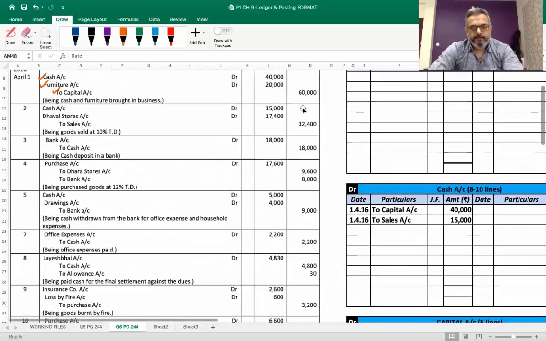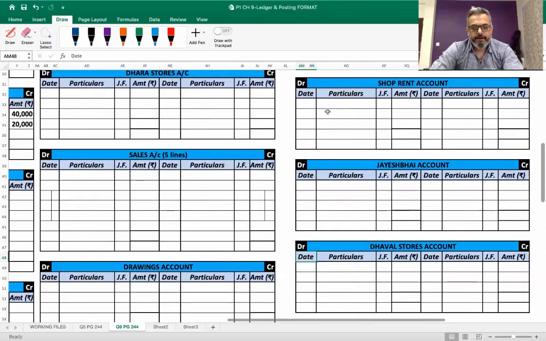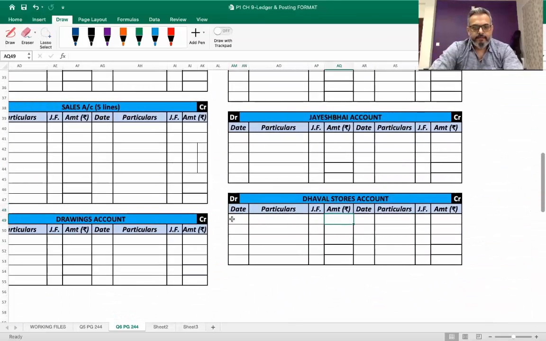Okay, so Dhaval Stores account 17,400 debit side, 2/4/16. You can also write April 2016 for individual accounts and do it. Write just the date as done in the textbook, or you can write it this way. 17,400, to sales account.